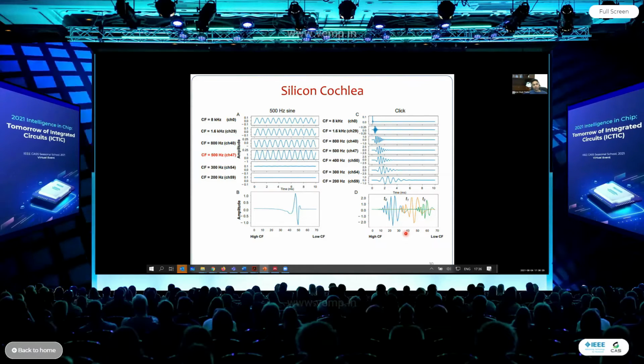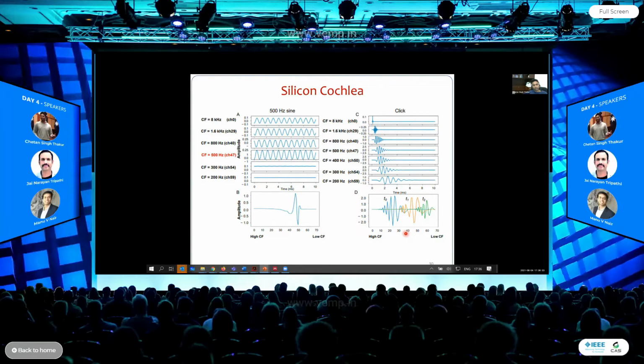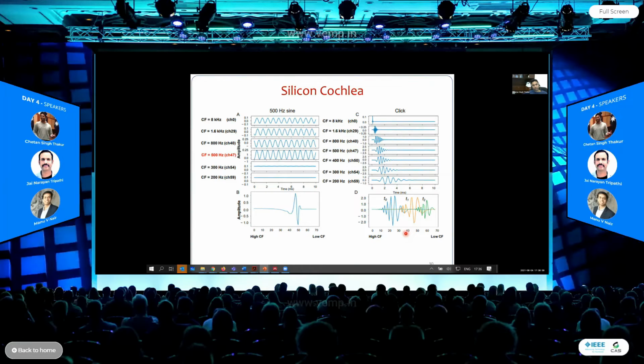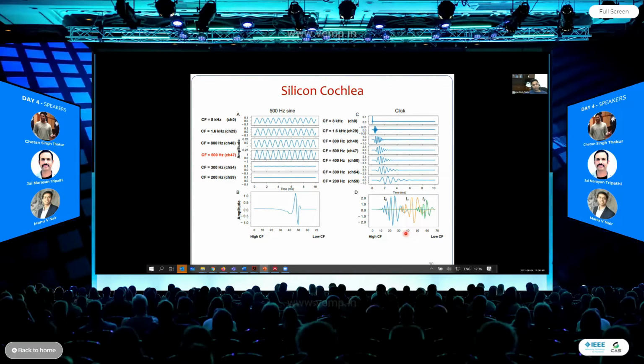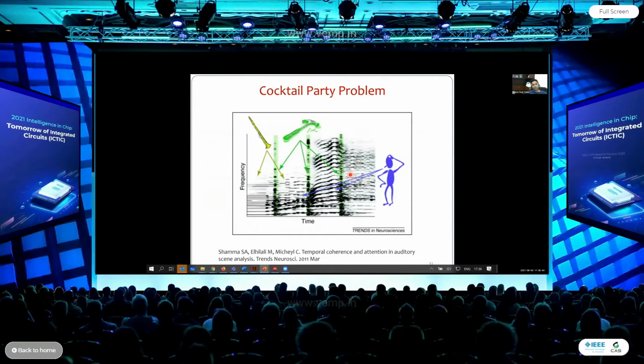Okay, so now we use this cochlea, which is a pre-processing stage, to solve two problems or two pathways we try to mimic. One is sound stream segregation, which is like the cocktail party problem I've been mentioning.